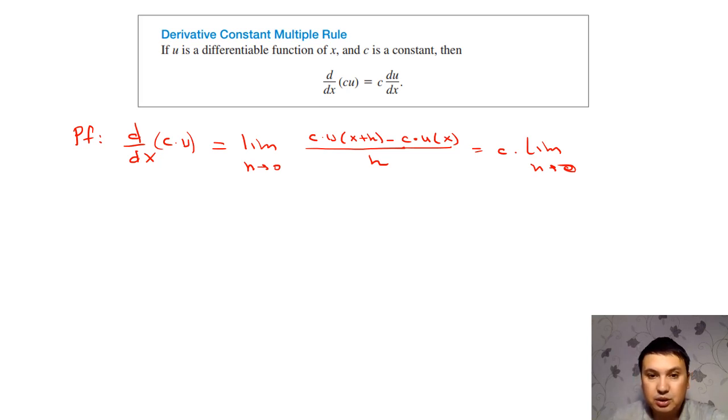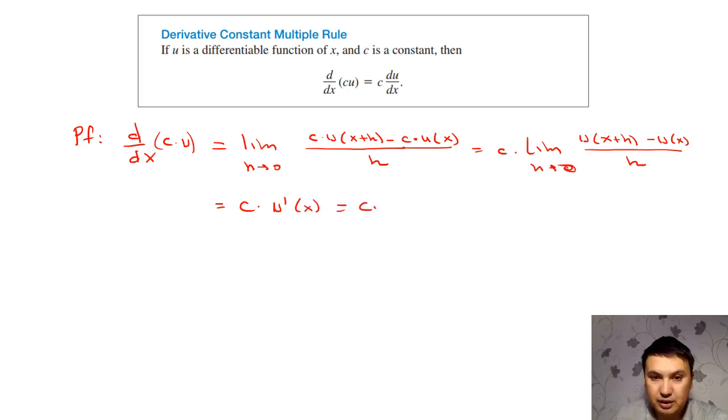So limit as h goes to 0 of u of x plus h minus u of x divided by h, which we realize as c times u prime of x, right? So derivative, or you can rewrite it as du dx. So that's the proof.